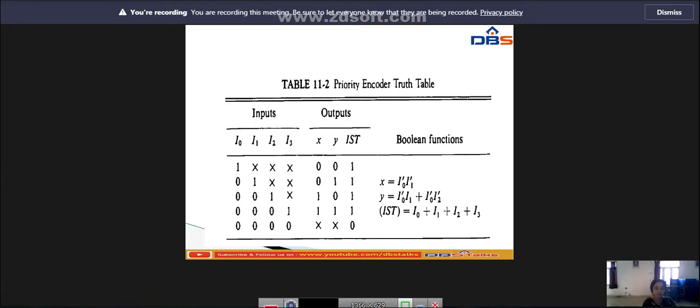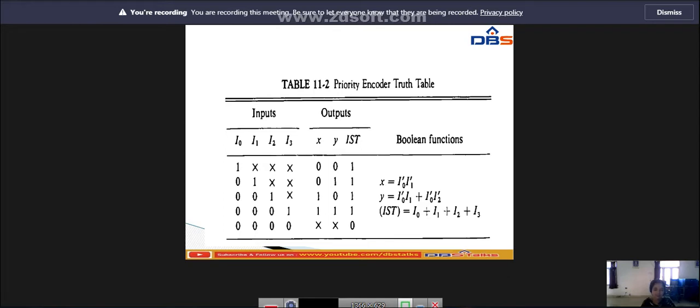If the inputs are all 0, IST is cleared to 0 and the other outputs of the encoder are not used, so they are marked with don't care conditions. This is because the vector address is not transferred to the CPU when IST is equal to 0.